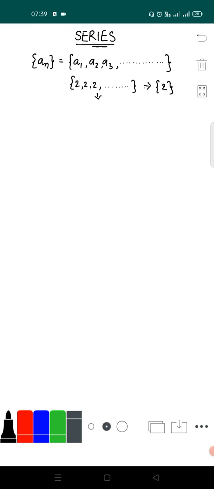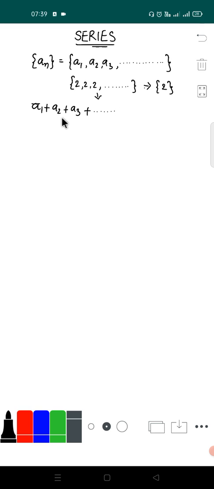Now we see the general form of a series. Series means the sum of infinitely many numbers. Let's say those numbers are represented by a1, a2, a3 and so on.